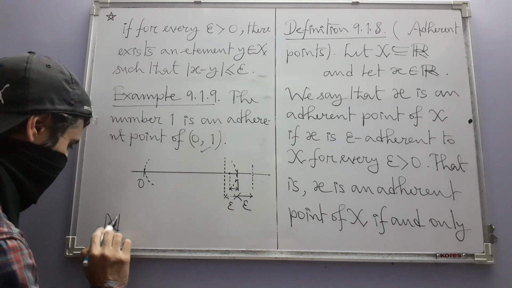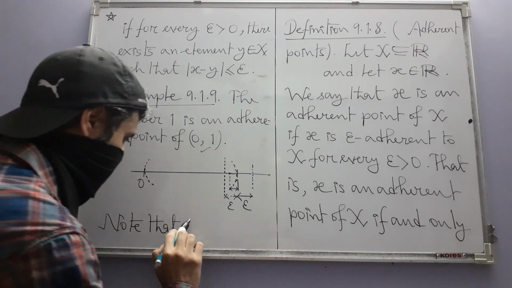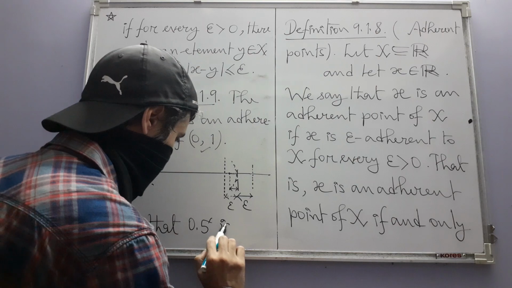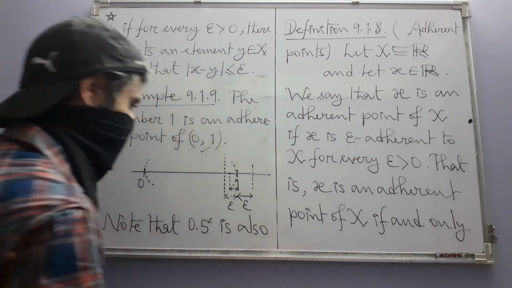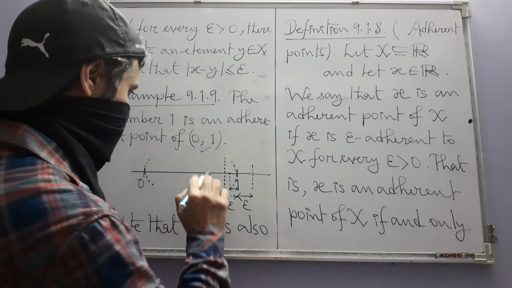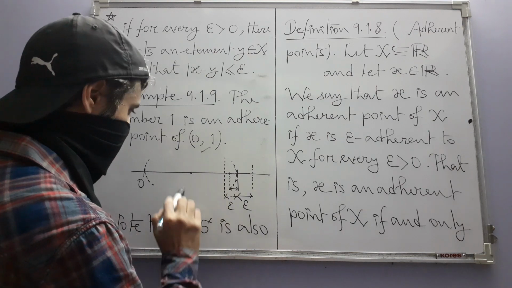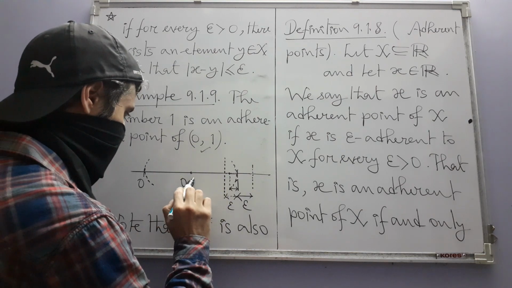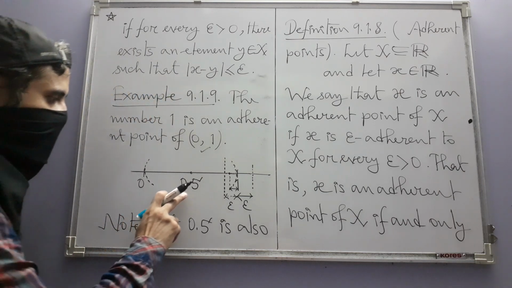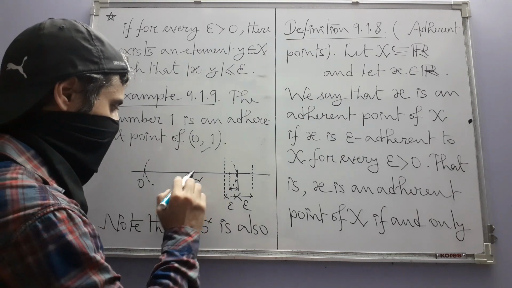Note that 0.5, this real number, is also an adherent point of (0, 1). The number 0.5 is of course this. It lies in the middle of this interval, and it is an adherent point because, as an element, it does not matter what epsilon you choose.